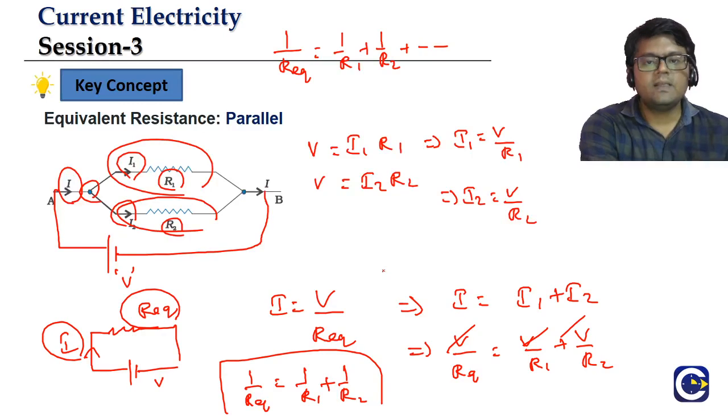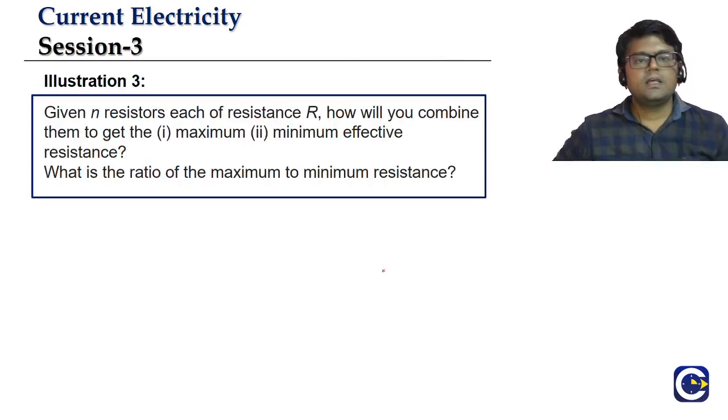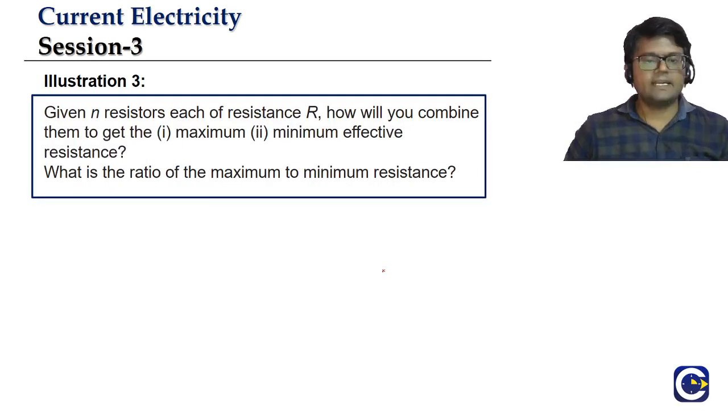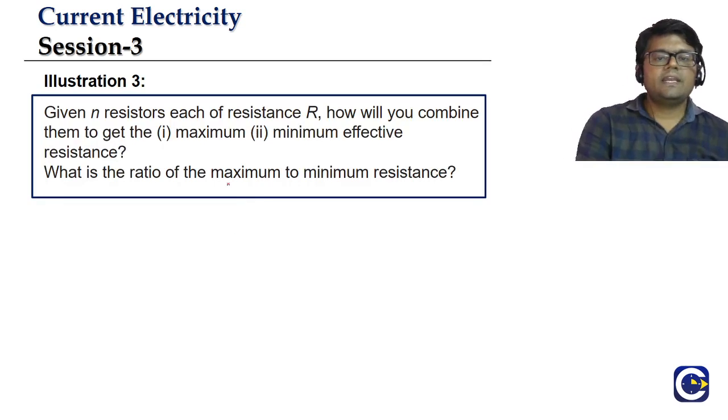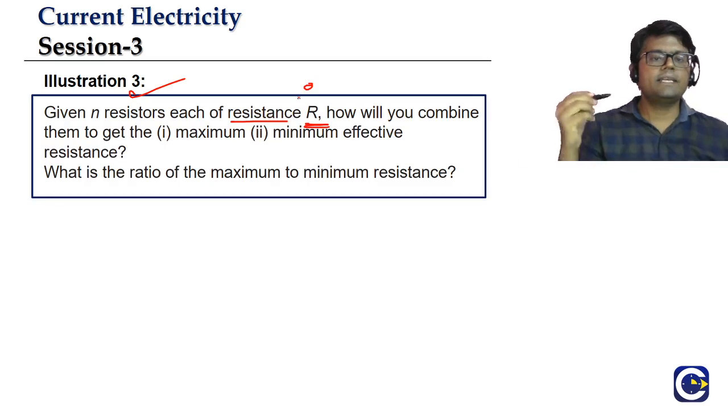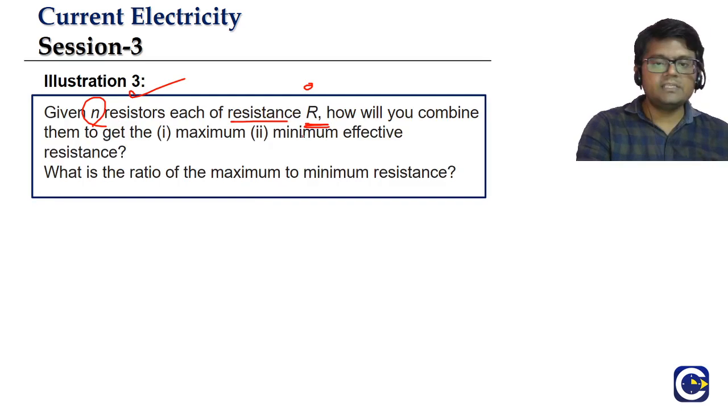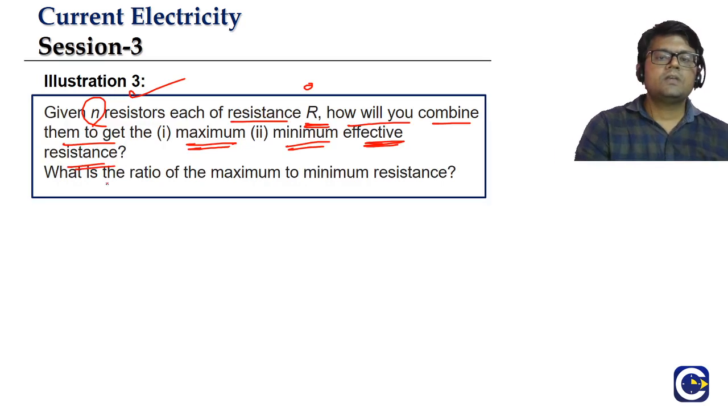We'll see it while we are doing the questions also. But this is the series combination and the parallel combination of resistors. Let's look at this question, guys. Let's see if we can get answers for this. Given n resistors, each having resistance value R. N number of resistors are there, each having resistance R. How will you combine them to get maximum and minimum effective resistance?